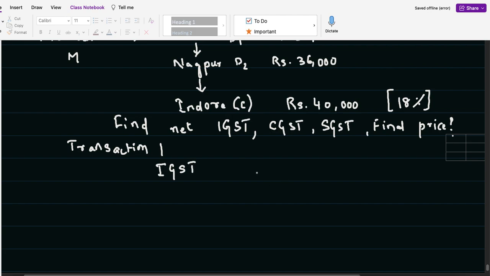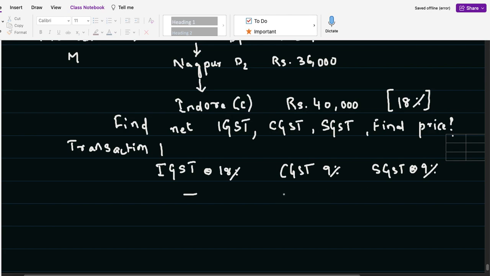All are 18%, so CGST will be 9% and SGST will also be 9%. This is an intrastate transaction, right? For intrastate, we don't have any IGST. We have only CGST and SGST.